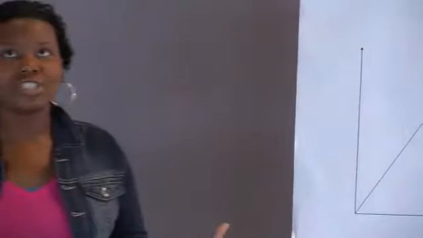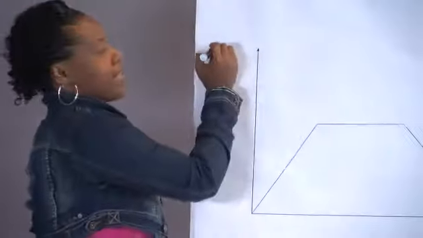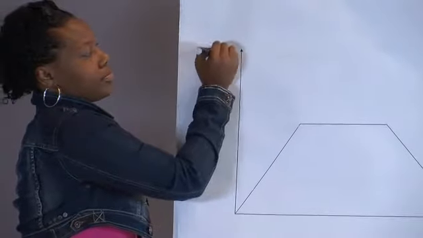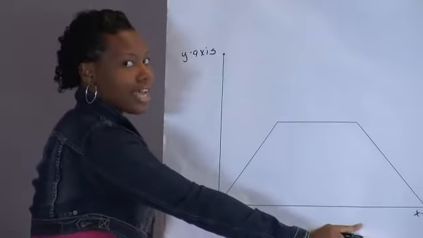Now, here's what you do. Think of a situation that applies to yourself, okay? It's easier to determine the two things that you're going to talk about. Here's a situation that I'm going to use. Doesn't mean that you have to use it, Melanie, but you can if you want to, okay? We know that this is the x-axis, right? Here's the y-axis. Anything that's independent will go on the x-axis.